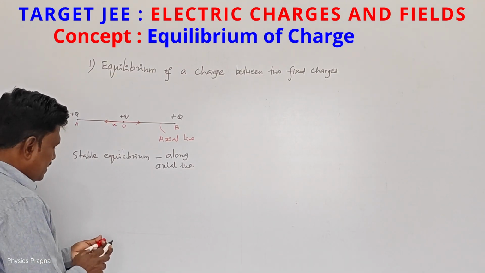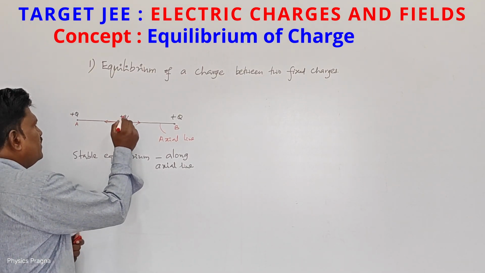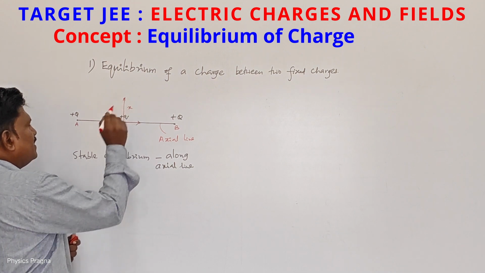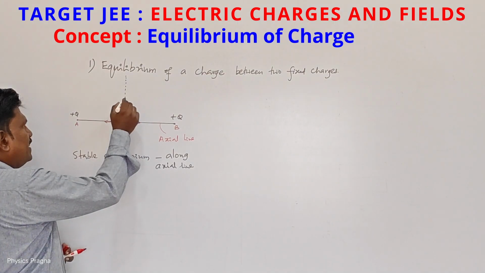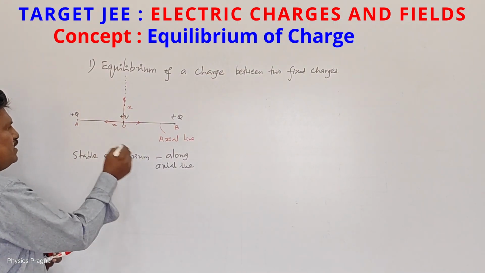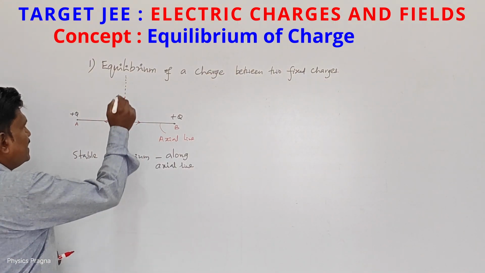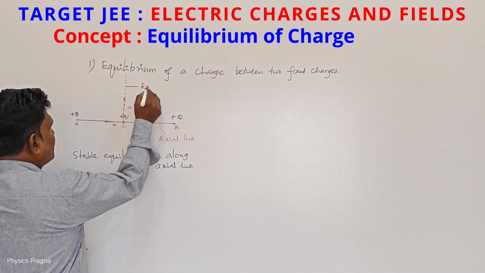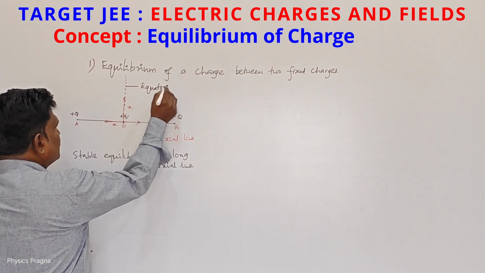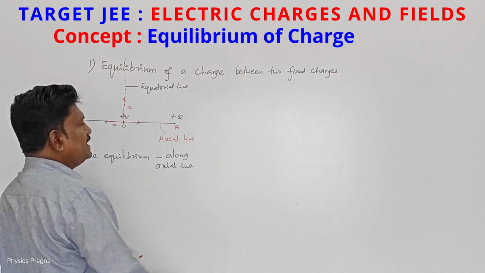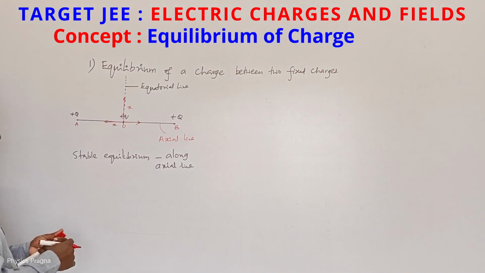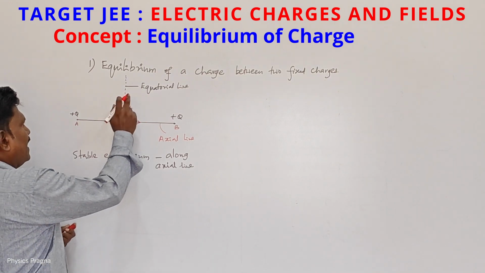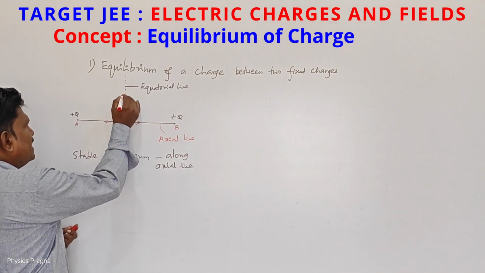If I disturb this charge, if I move this charge upwards at x distance, see, if we draw a perpendicular at the center of the axial line, this line is called the equatorial line. So if I move this plus q along the equatorial line to x distance, now the plus q is here.